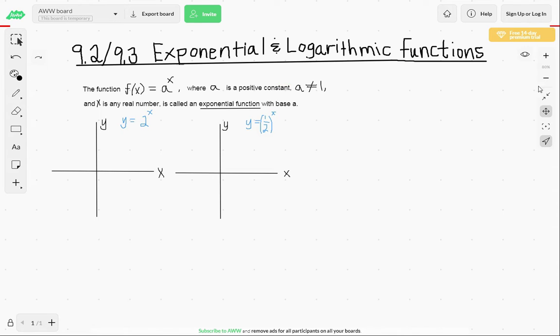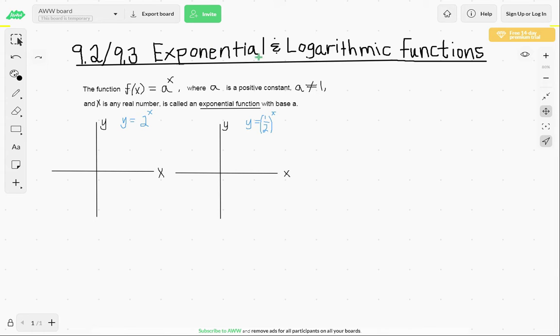Let's break that down a little more to be clear why we have these special stipulations. We demand that a is a positive constant so that we don't have a zero function, because if a were 0 we'd get 0 to the x, which is just 0. That's not interesting. Also, if a were negative, we would go into the complex world of imaginary numbers, which we don't talk about too much in this course.